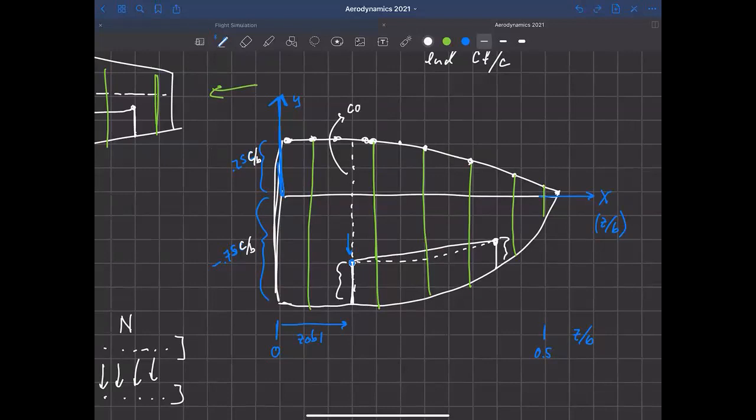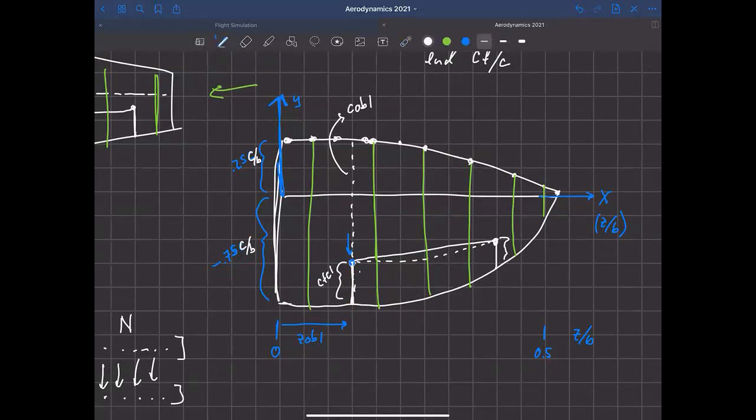And then I know where the trailing edge is because I do minus 0.75 times C over B, and that gives me that location. And then I can subtract off the CF over C1. So we're going to call this CFC1. That was also given to us.